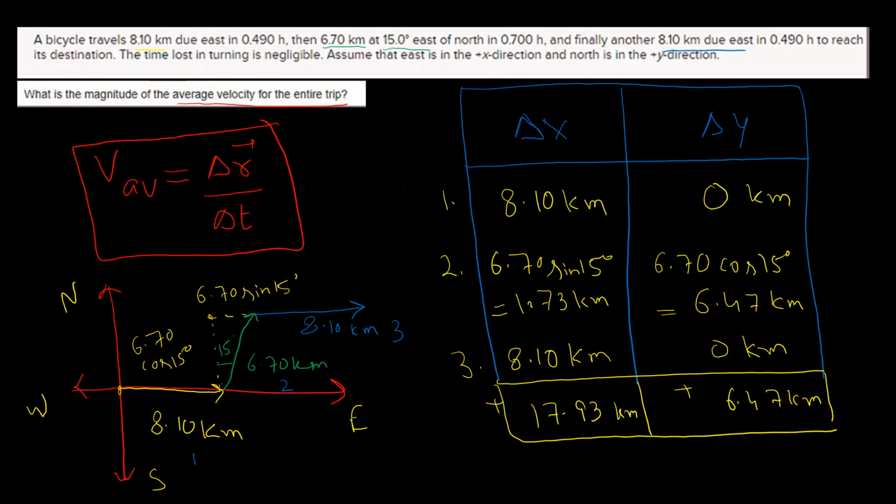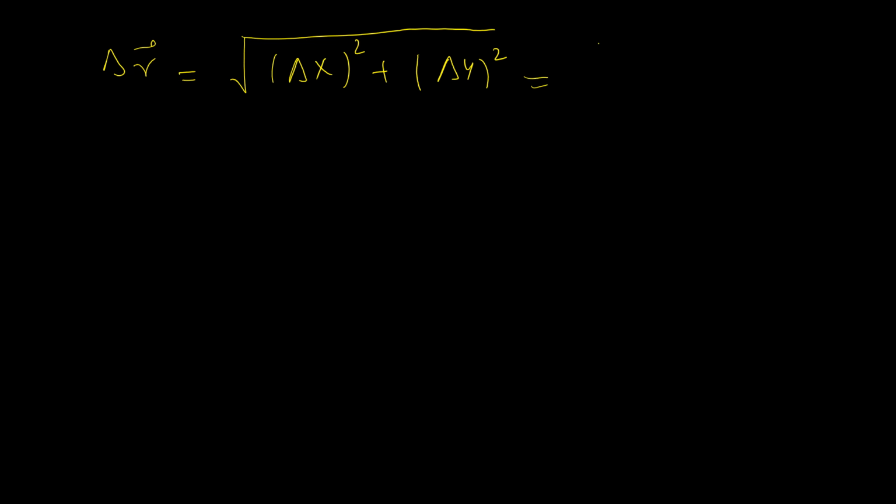Once we have these components, we can find our total displacement, which is the square root of delta x squared plus delta y squared. So with this formula, delta r vector equals the square root of delta x squared plus delta y squared, just plug in the values.